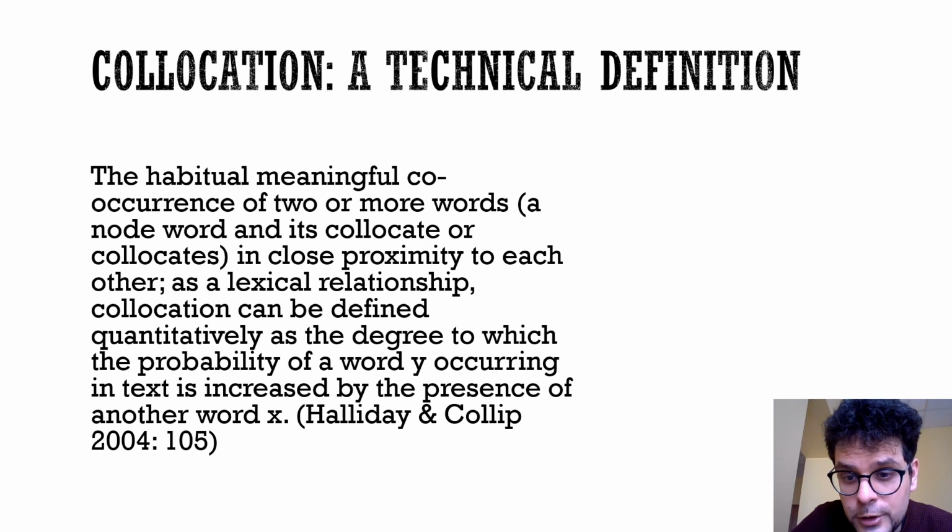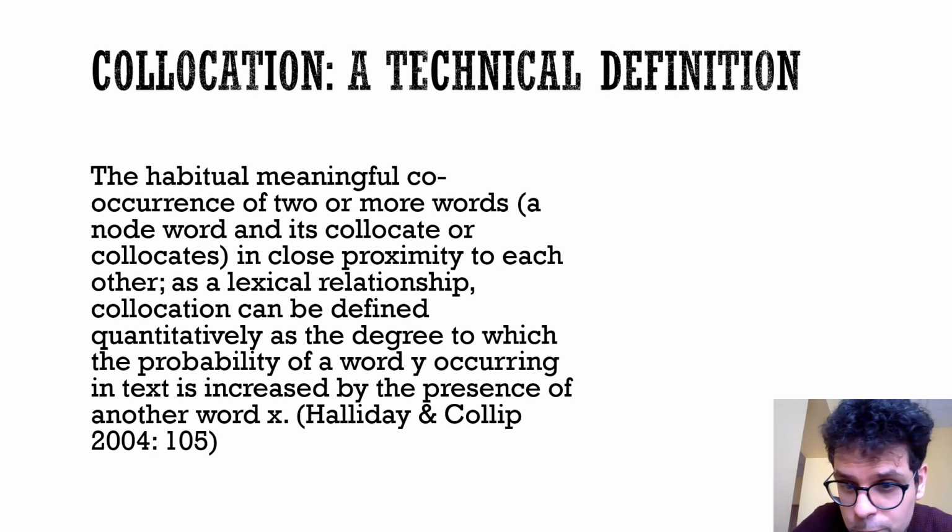So now let's go on to an even more technical definition that has been given by Halliday, the important linguist that I mentioned at the beginning, and Sinclair. They defined collocation as the habitual, meaningful co-occurrence of two or more words, known as a node word and its collocate or collocates, in close proximity to each other. So close proximity, they don't need to be super proximal.